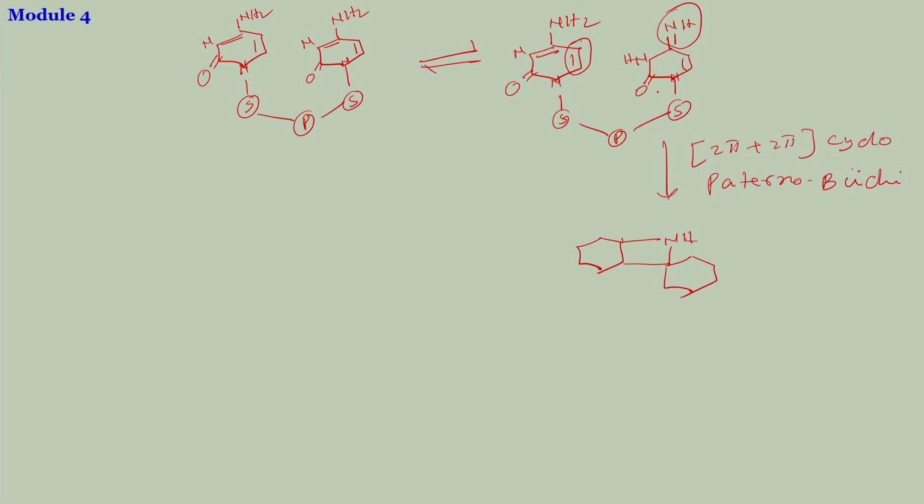Yes, this is this double bond, and here would be the other NH, double bond O, nitrogen with the sugar, then this is as usual NH2. Now, this intermediate is called azetidine intermediate.